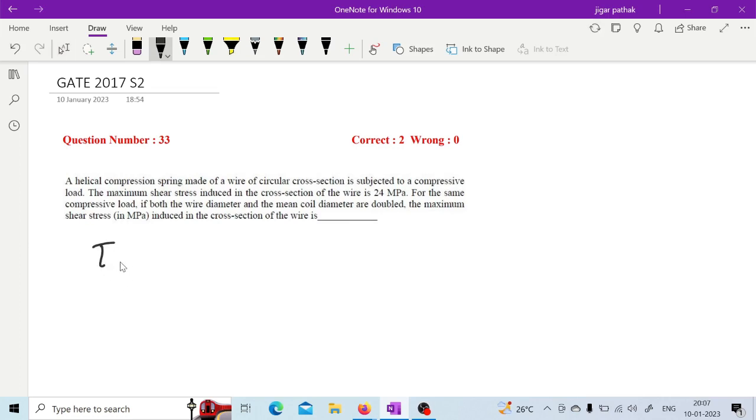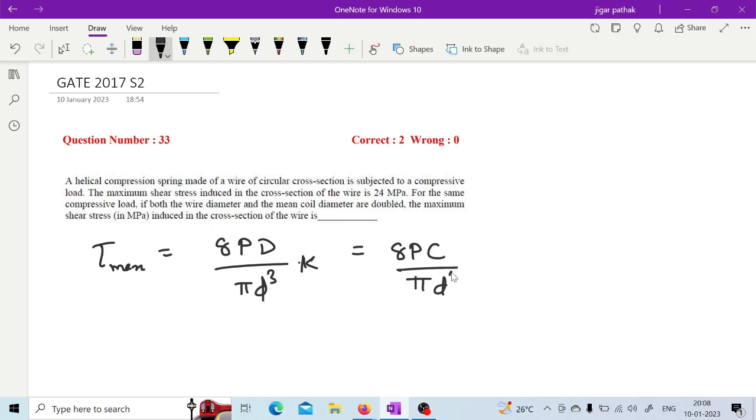First you have to have an idea about this tau max. How can you represent this tau max? We have written it as 8PD upon pi d cube into K. Further you can consider it as 8PC upon pi d square, because C is capital D by d.